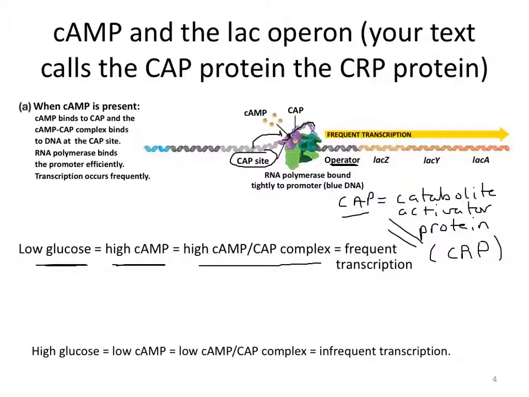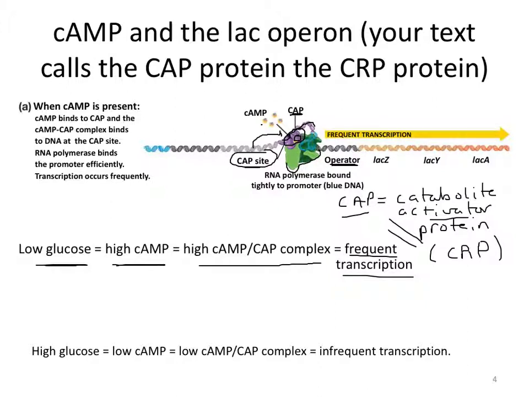And when you have a high CAP-cAMP complex, that's what's shown here, the purple blob with the little orange blob inside of it. The little orange blob is the cAMP molecule, one of them is bound to the CAP protein, and together they bind to the CAP site. When you have that happening, you have frequent transcription because this activator protein is helping to tether this green RNA polymerase onto the promoter region.